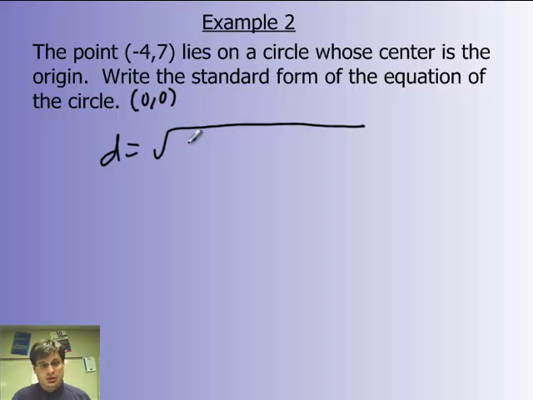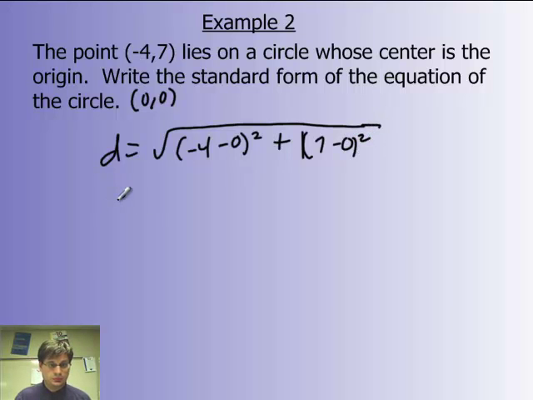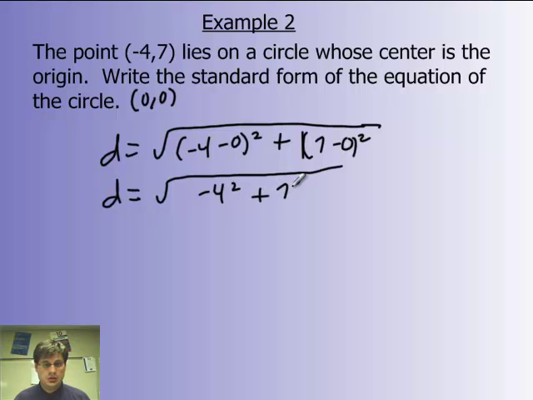So thus I would just say, oh well, -4 minus 0 squared plus 7 minus 0 squared, and that's just going to simplify to -4 squared plus 7 squared, and really it's going to have parentheses around them.